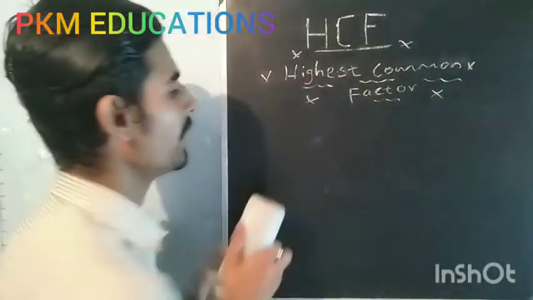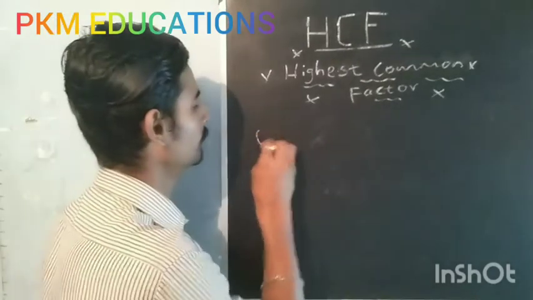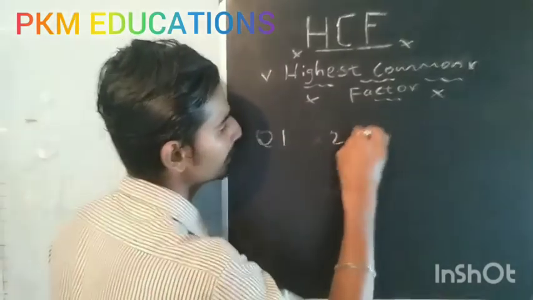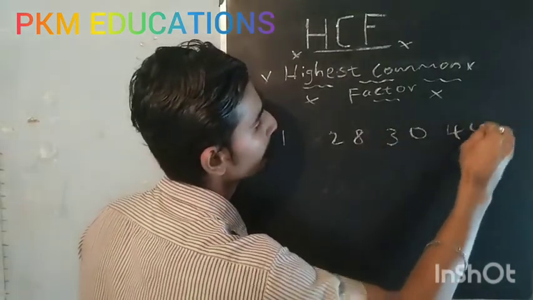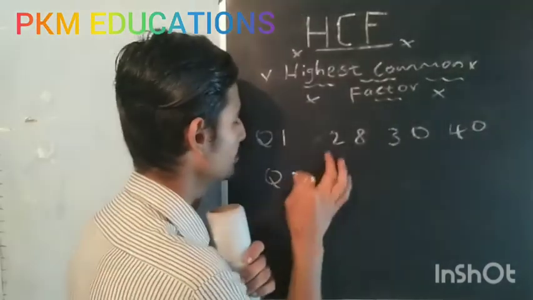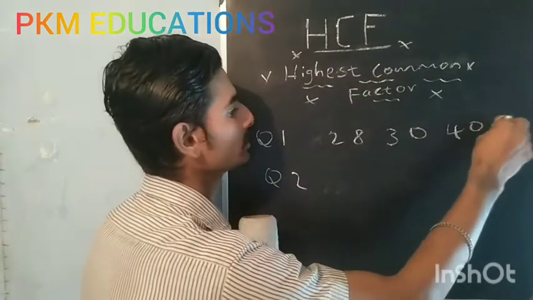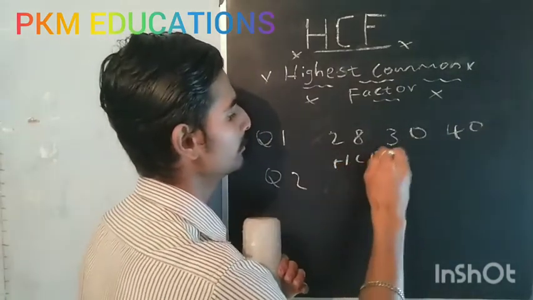Then I am writing a question. You can practice on your own. Question number 1: 28, 30, 40. And question number 2. You can note this question. What is HCF?